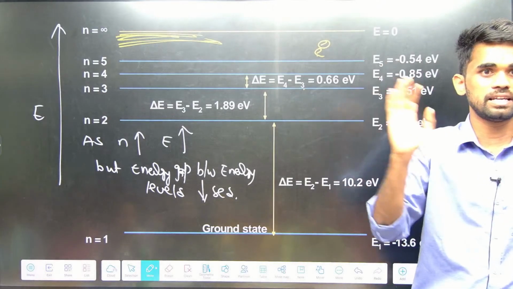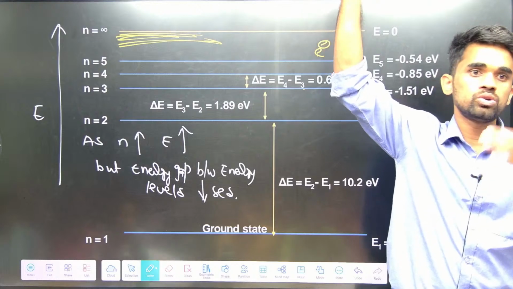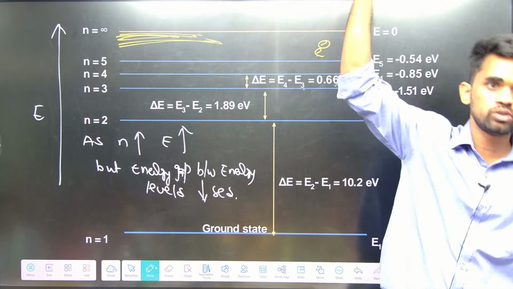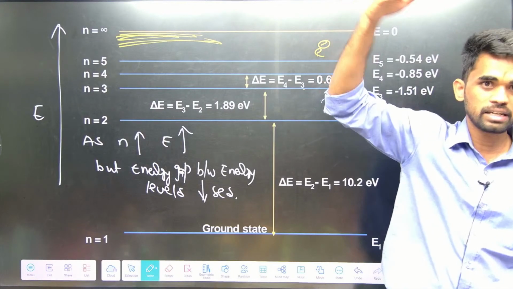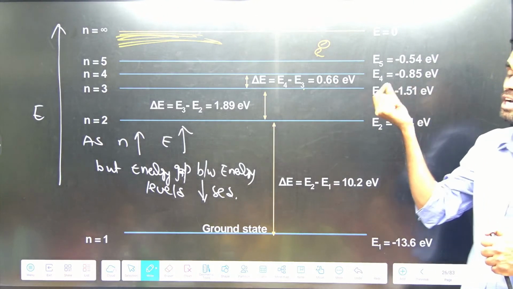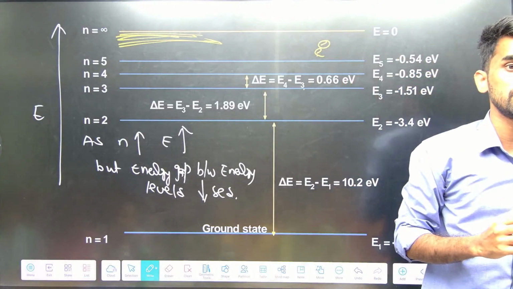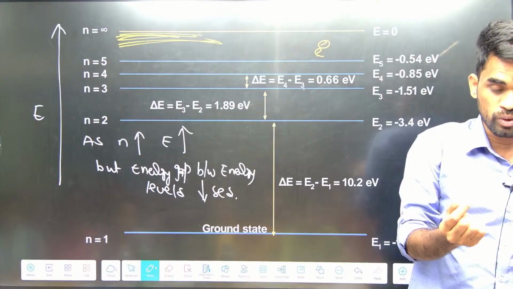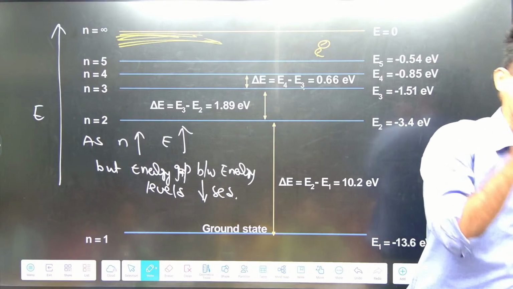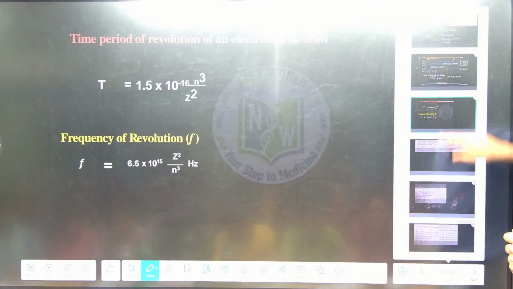Different possibilities are there. 5 to 1 directly, 5 to 2 and 2 to 1, or 5 to 3 and 3 to 1 or 2. Different possible ways give you different spectral lines. So now we are going to study about spectral lines.